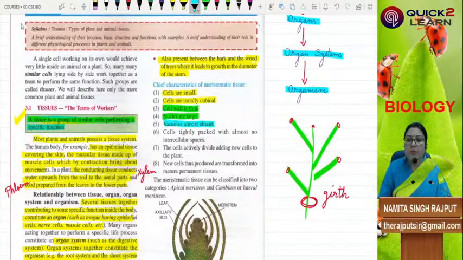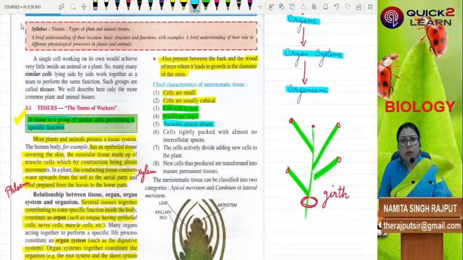Then they do not have vacuoles. Vacuoles are almost absent because vacuoles would add to the bulk of the cell and they don't need it. Some small vacuoles may be present. Cells are tightly packed with almost no intercellular spaces, because they are continuously dividing and adding to growth, so there is no space between them.